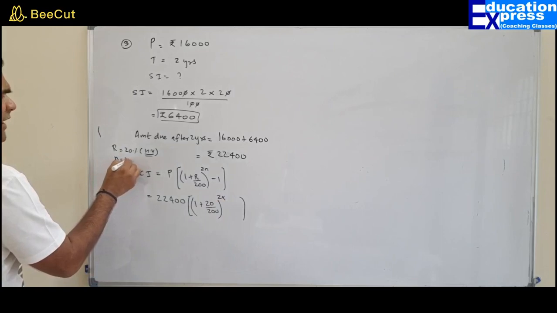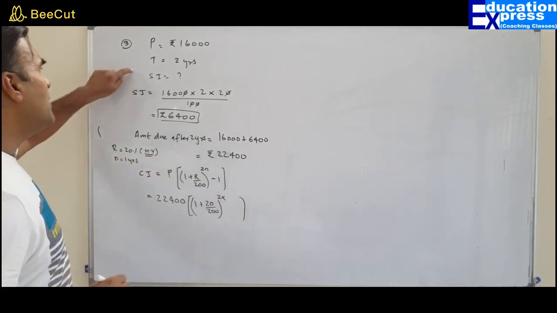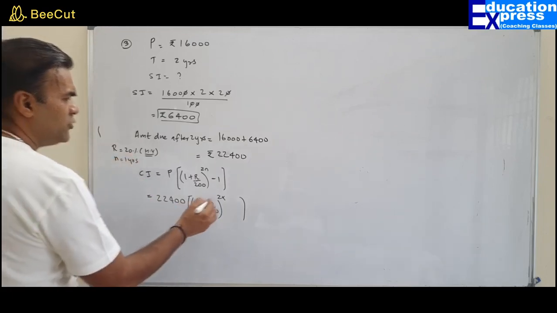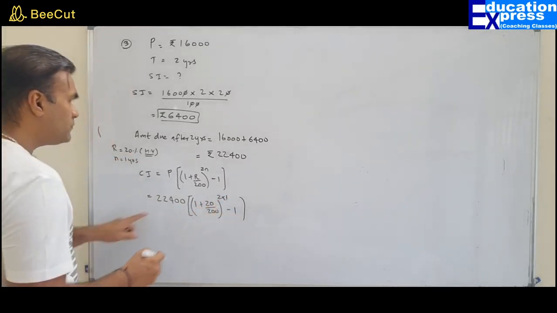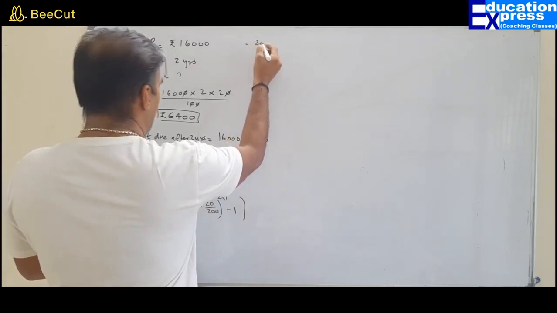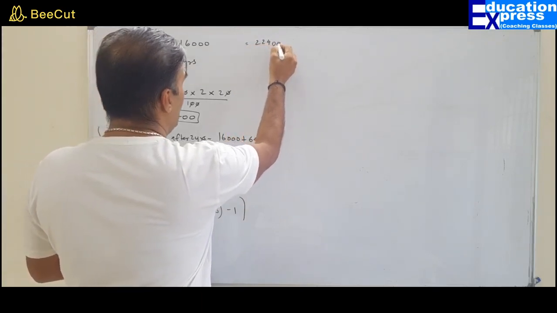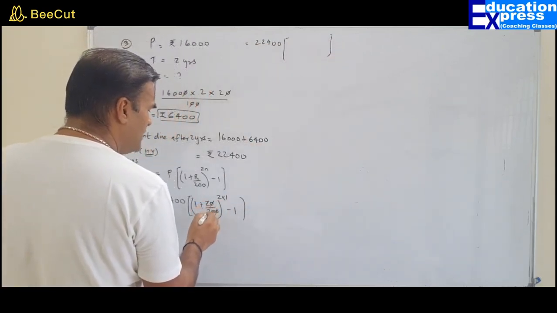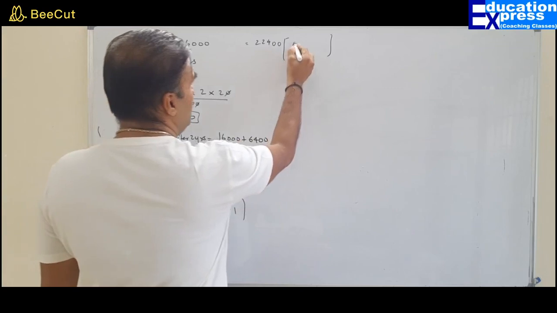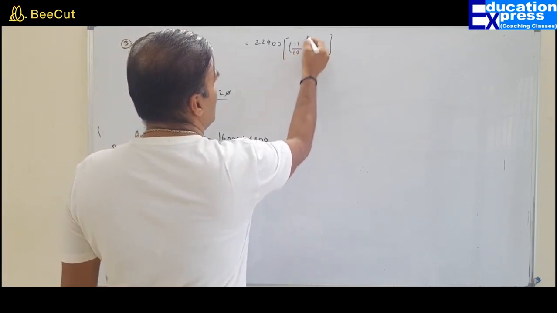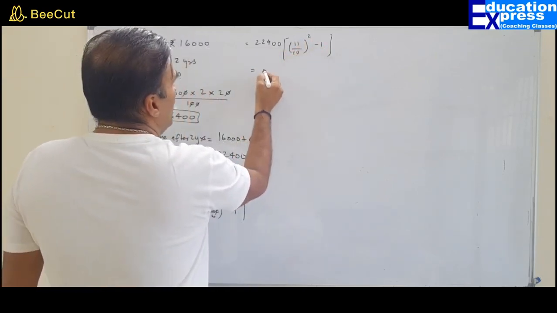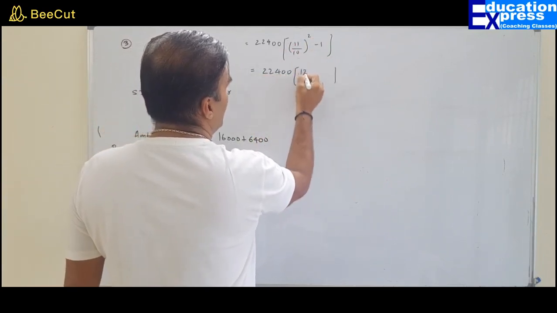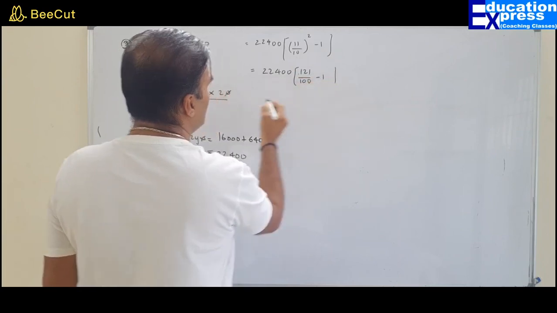Now the entire investment was 2 years for simple interest and 1 year for compound interest. So 2 into 1 minus 1. So we get 22,400 into bracket. 0 cancel 0. 1s are 10s are 11 upon 10 raised to 2 minus 1. That gives you, my dear friend, 22,400, 121 upon 100 minus 1.